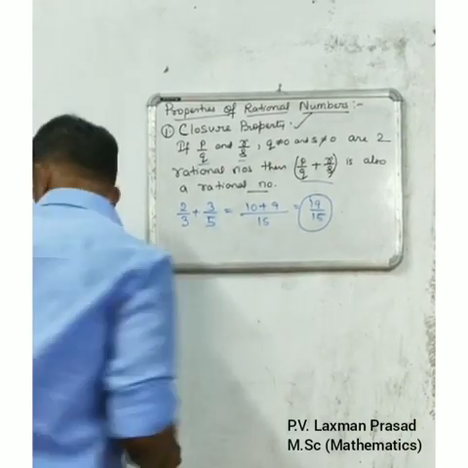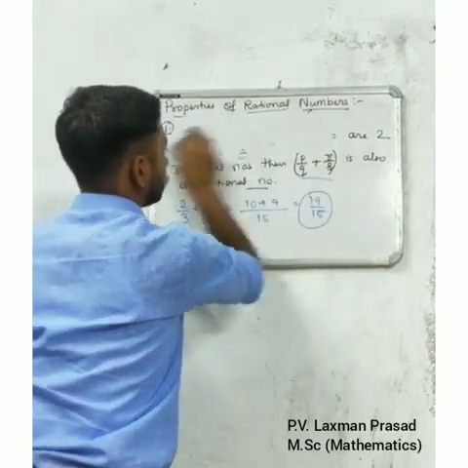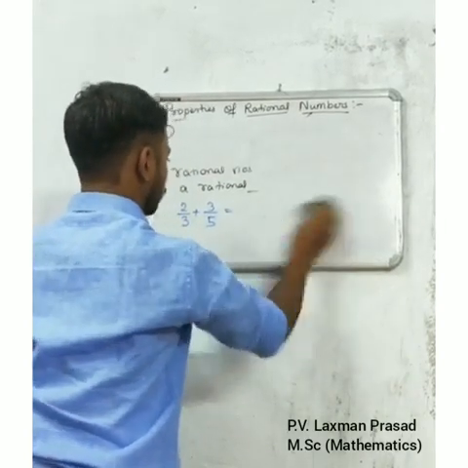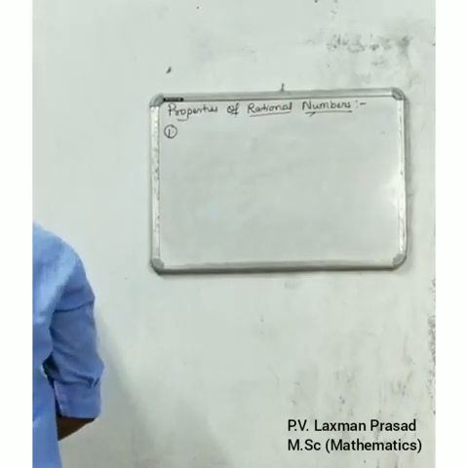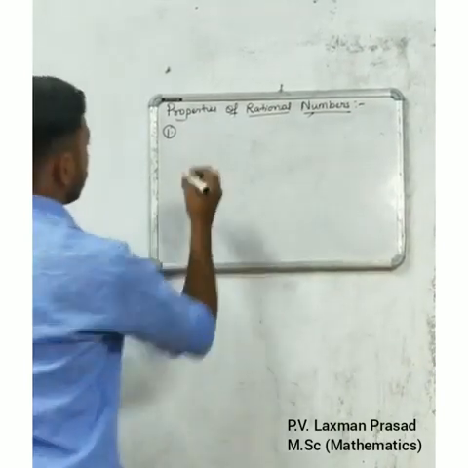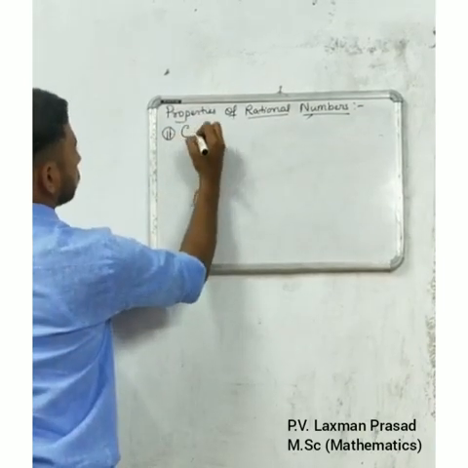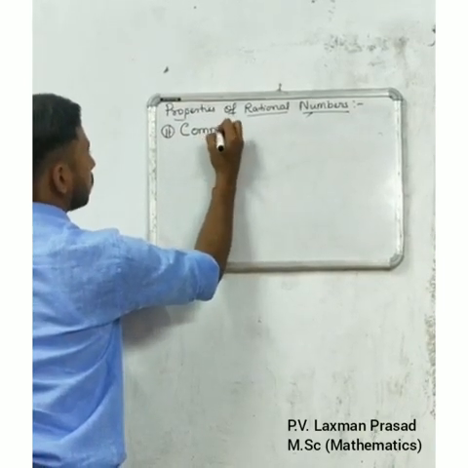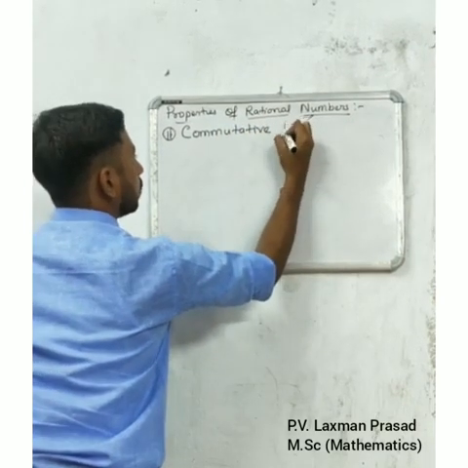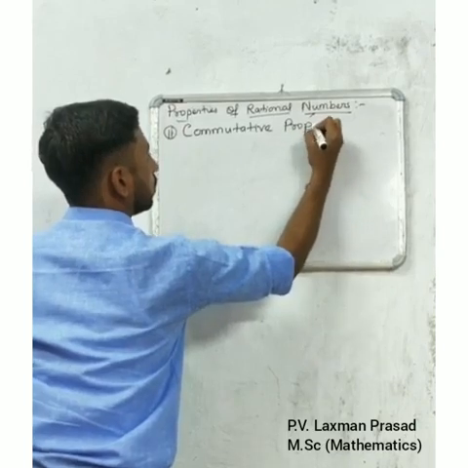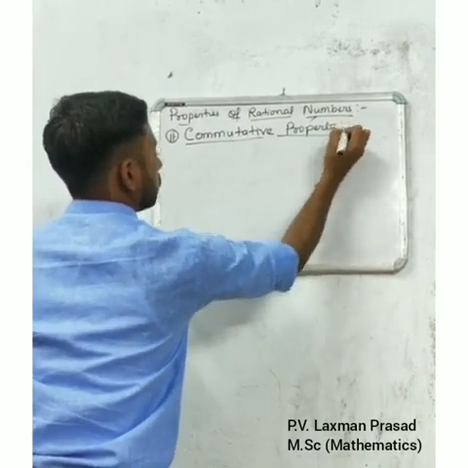Now moving on, the second property is the commutative property.